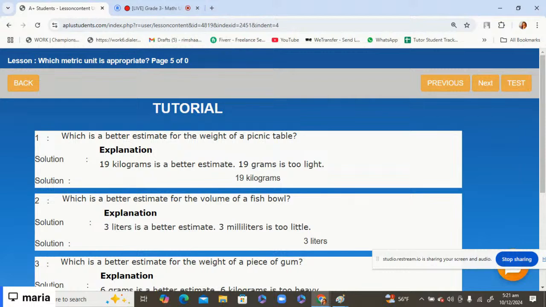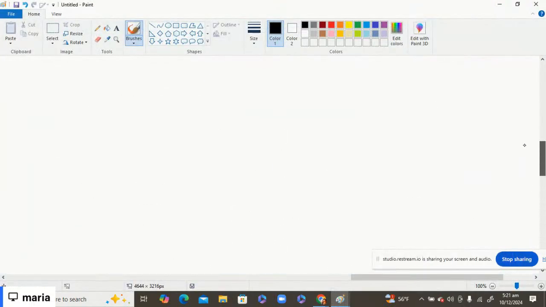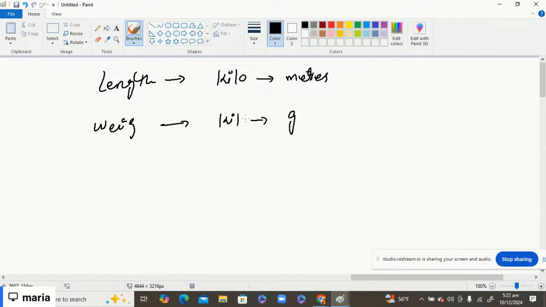If the length is involved, you are using meters with it. Remember that thing. If they are involving length, you use kilo with meters, kilometer, or only meters. If they are involving weight, with kilo, you are involving the gram.